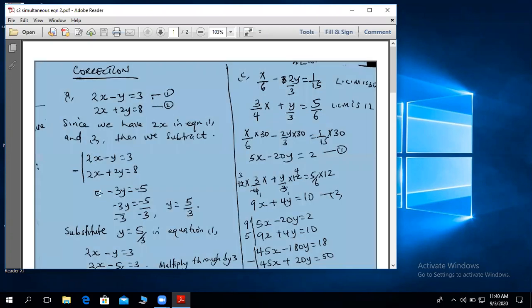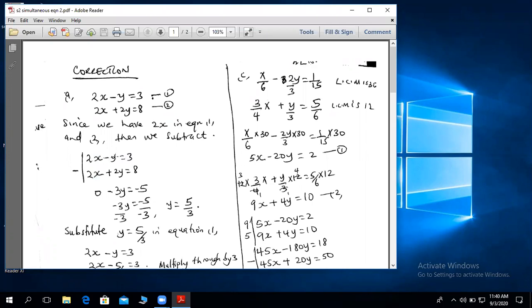Then this will be negative y minus 2y. A negative followed by a positive, the answer becomes a negative. So it becomes negative y minus 2y, and the answer is negative 3y. Then on the right hand side, we shall have 3 minus 8, and the answer is negative 5.